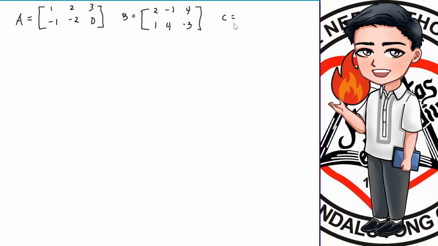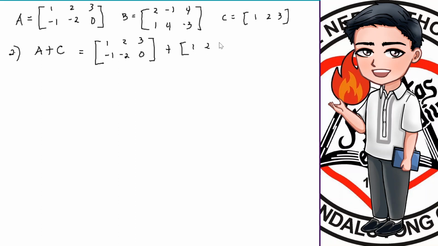And matrix C is 1, 2, 3. Now, for our example number 2, A plus C. Copying the matrices, matrix A is 1, 2, 3, negative 1, negative 2, 0, plus matrix C, which is 1, 2, 3.